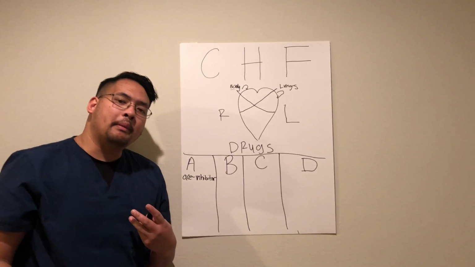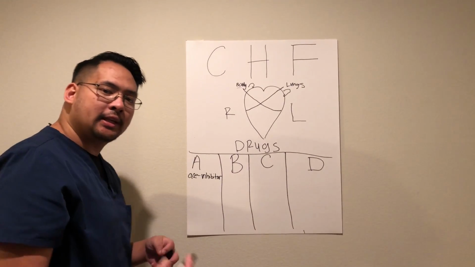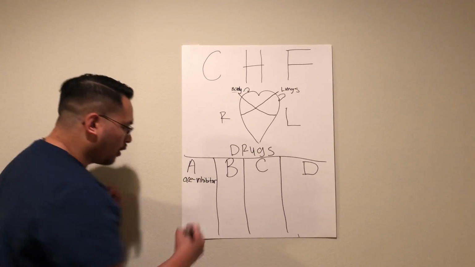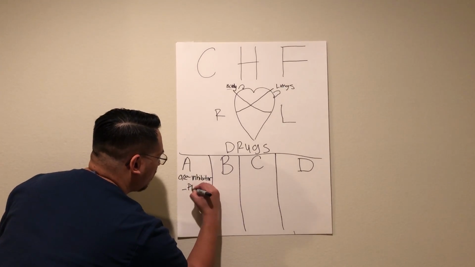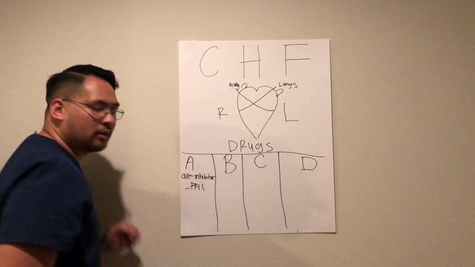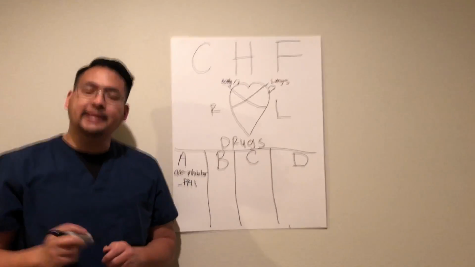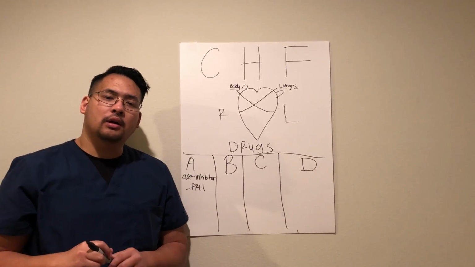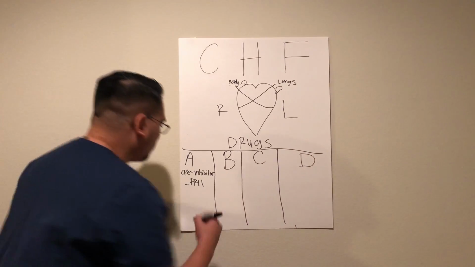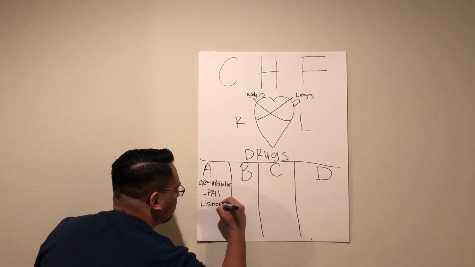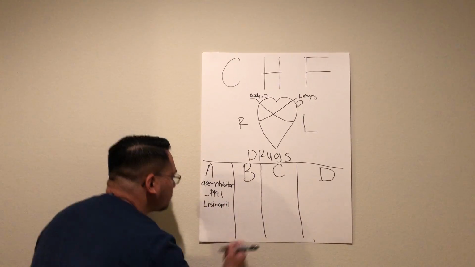The way I like to remember ACE inhibitors is the last four letters. It ends in pril, P R I L. Pril. The most common ACE inhibitor for CHF is lisinopril. Pril.